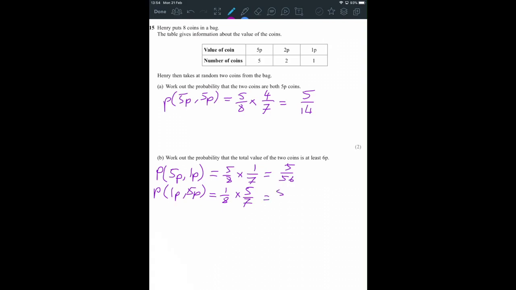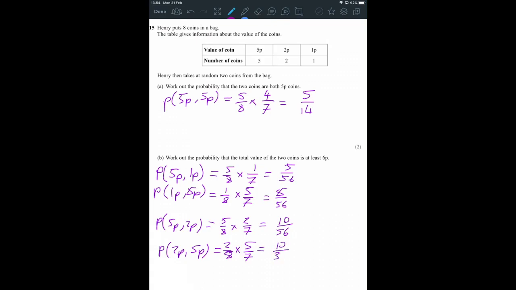I am going to keep track of each of these as we go. Other possibility was 5p, then 2p, 5 out of 8, then 2 out of 7. Leave the denominator out of 56. I know that one cancels, but when I combine these later, that'll be helpful. Other way round gives the same figure.